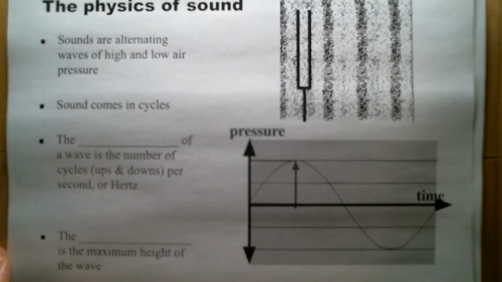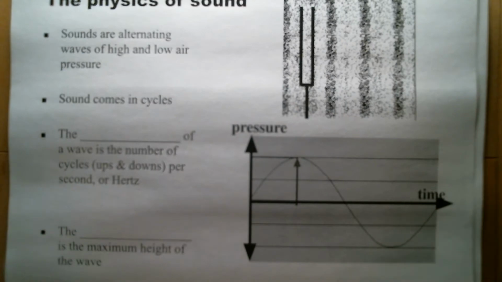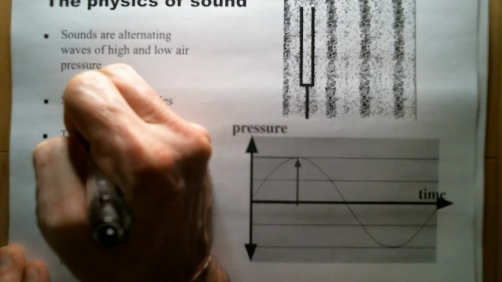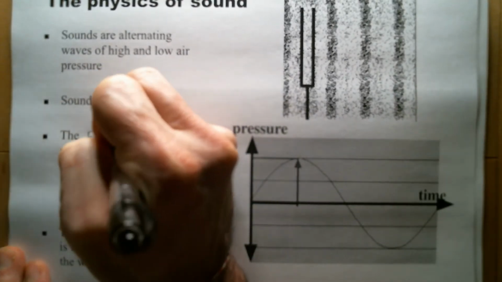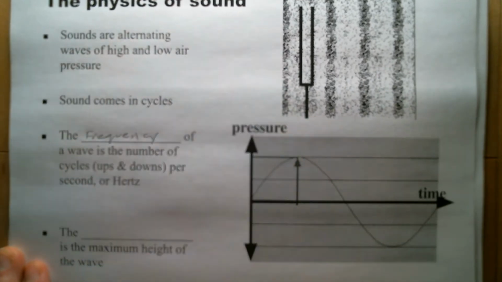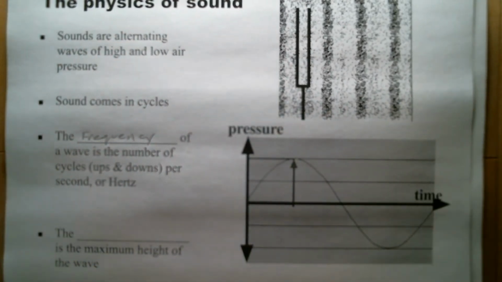All right, so before we get into Python specific stuff, let's just talk a little bit about sound in general. Sounds are basically alternating waves of high and low air pressure. They come in cycles, and the frequency of a wave is the number of cycles, which is basically an up and a down, per second, generally measured in hertz.